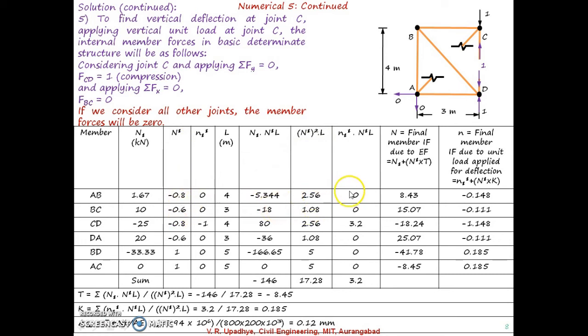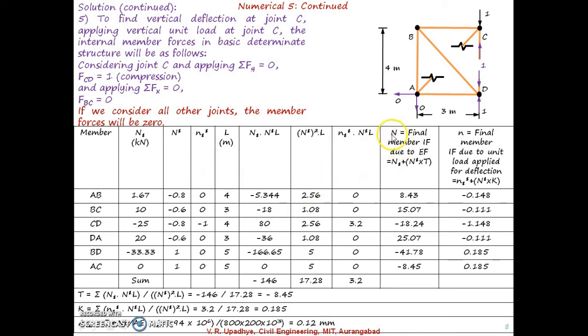And the next column is N1 dash N dash L, which is column number 4 multiplied with column number 3 and column number 5, that is length. So that will be this calculation.